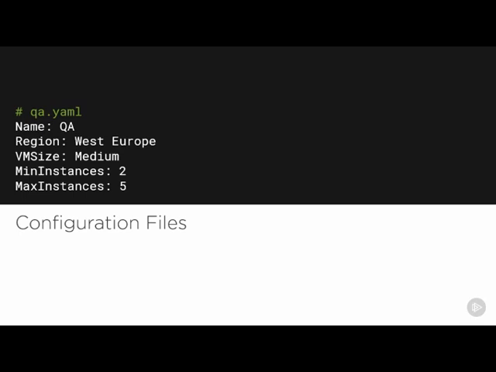And configuration files like this are often used in conjunction with other deployment scripts and manifests to allow you to deploy a specific version of a microservice into a specific environment. For example, it would be really nice if we could run a command like this, where we're asking to deploy version 1.0.4 of the ordering microservice into the environment that's defined in the qa.yaml file.